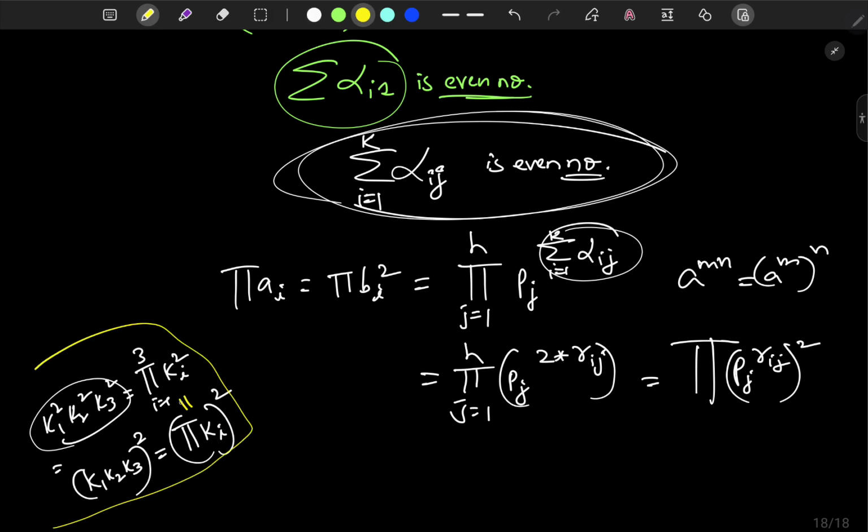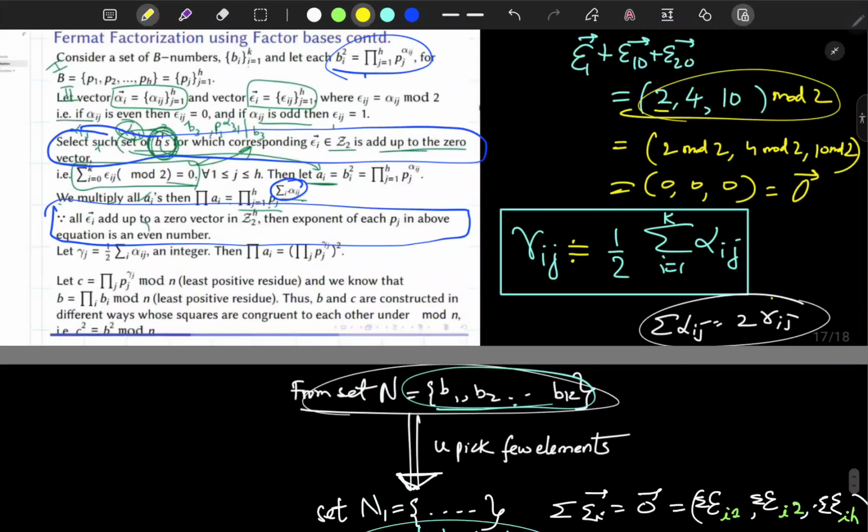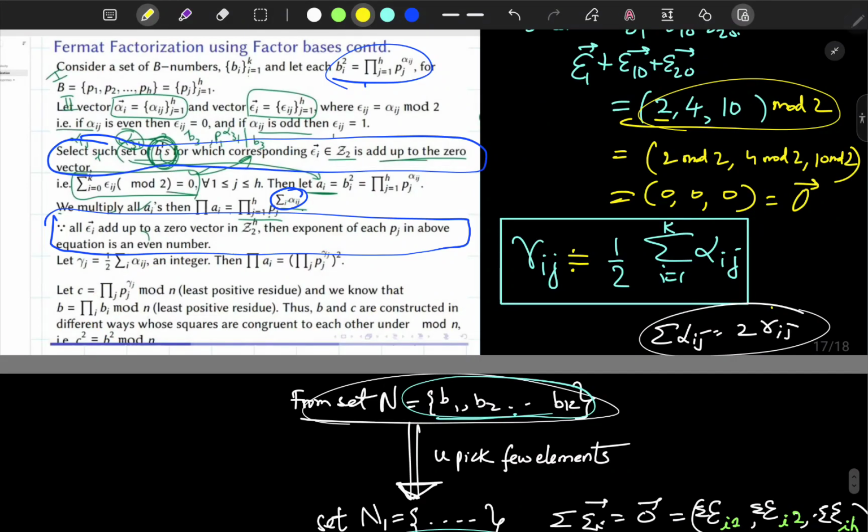This means you can move this square outside of the pi. Now I am writing like this, pj gamma ij whole square. Samjha, because of this property. This thing also you need to understand directly by looking at it, I cannot explain every time. Okay, fine.